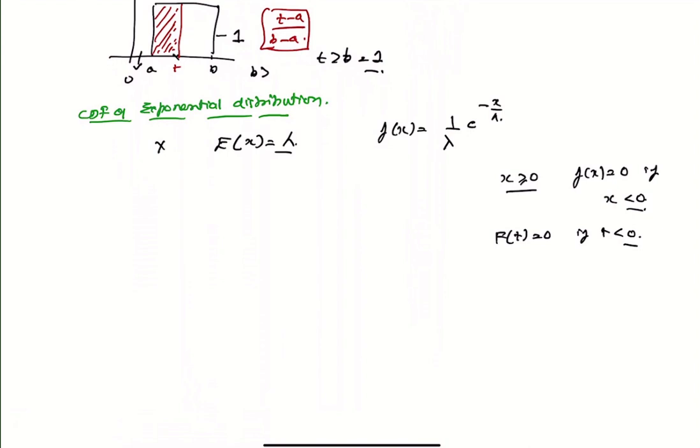So now if you want to calculate F of t, all you have to do is the integral from minus infinity to t of f of x dx, for t more than 0. Since the integral from negative infinity to 0 is 0, we can also write this as the integral from 0 to t of f of x dx.